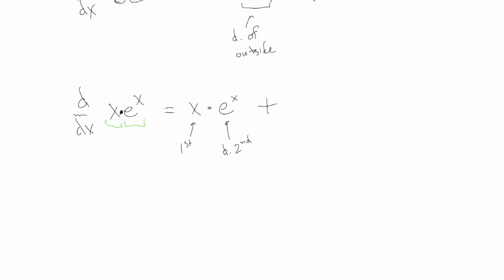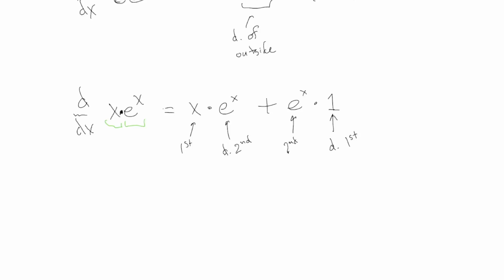And then plus the second thing like it is, which is e to the x, times the derivative of the first thing, which is just 1. All right. In this case, in the answer, there's 2 different e to the x's. One is the second part originally, and one is the derivative of the second part, but they're both equal to e to the x. All right.